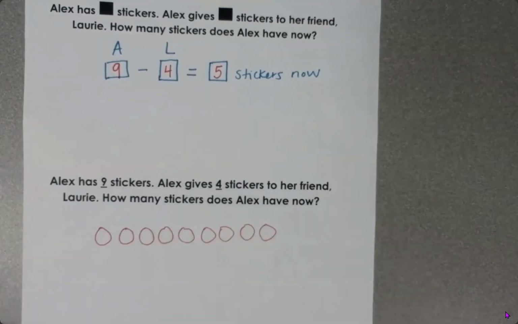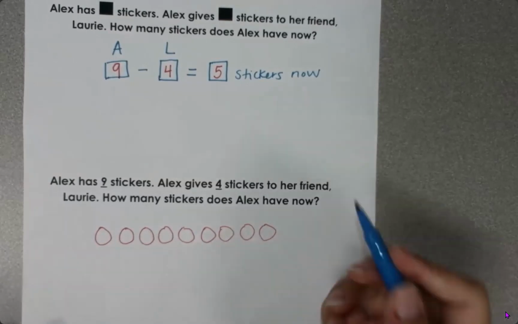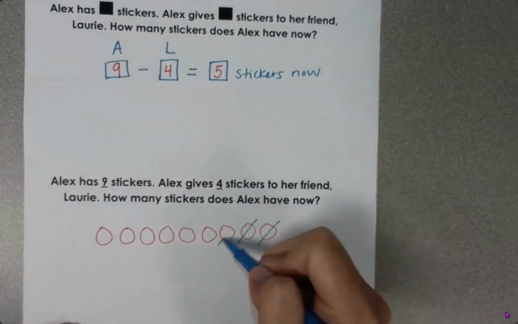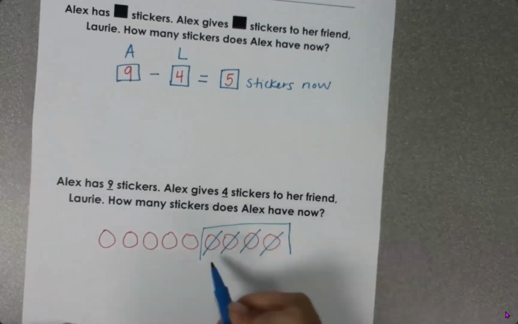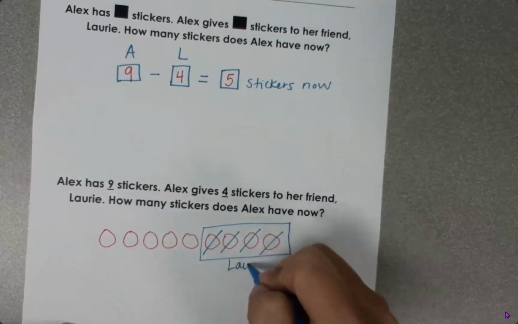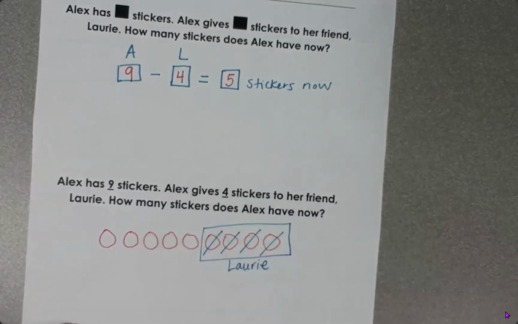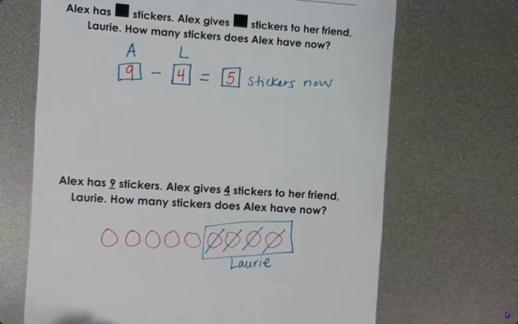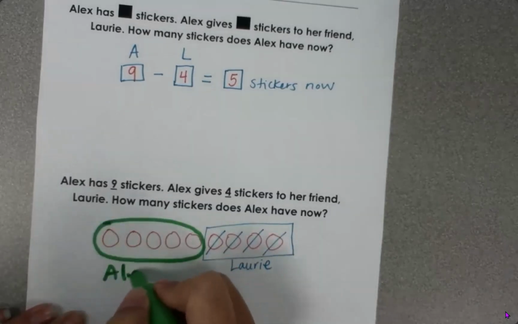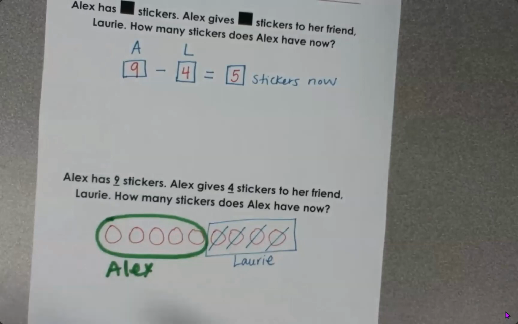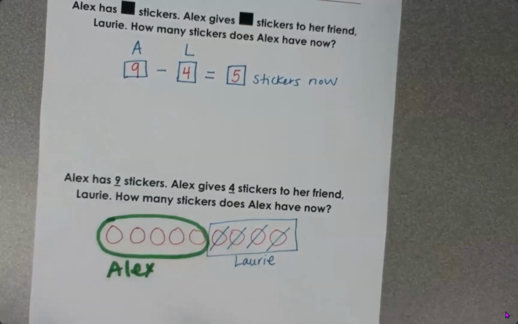And then I'm going to cross out the stickers that she gives to Lori. So she gives 1, 2, 3, 4 stickers to Lori. Okay, I can box those up and send them to Lori. So Alex no longer has those stickers anymore. And these are the stickers that Alex still has. These still belong to Alex. And then I can go ahead and count those, 1, 2, 3, 4, 5. And that's how many stickers Alex still has.